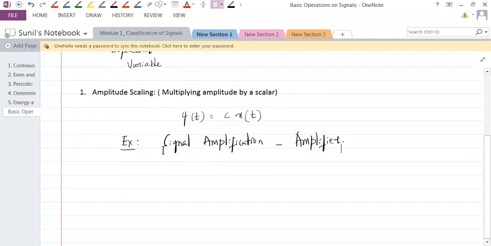Fine. Now the second operation that we can perform is the addition operation. Addition of signals. Suppose you have a signal y of t, then it can be given as the sum of the two signals, that is x1 of t plus x2 of t.